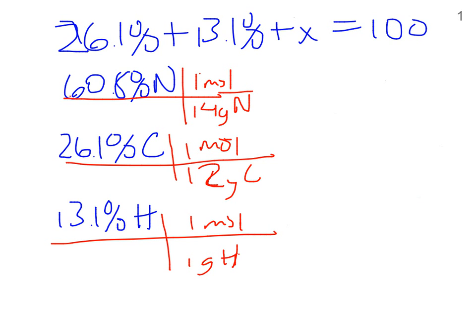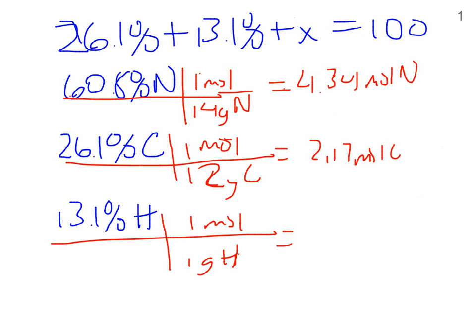So grams of hydrogen, carbon, and nitrogen. Okay, multiply those out. So we get 2.17 moles of carbon, 4.34 moles of nitrogen, and 13.0 moles of hydrogen. And then remember, what we do from there on out is divide by the smallest.